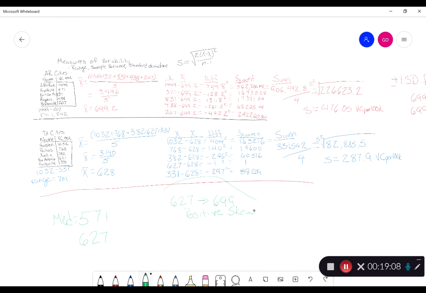And eventually we'll get to calculating the actual skew value. And then for Texas, the median of 627 is pretty close to the actual mean, as you can see here. If we have a mean value of 628, it's only one violent crime per 100,000 residents different. That's 627. So fairly close together.